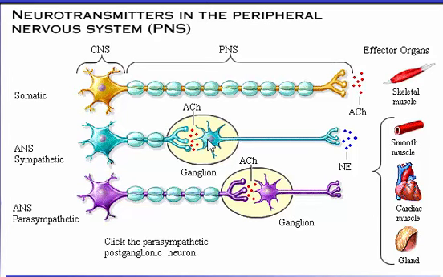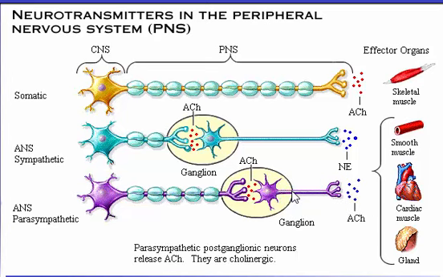Parasympathetic postganglionic neurons release acetylcholine. They are cholinergic. Both acetylcholine and norepinephrine act indirectly on the effector organs of the autonomic nervous system. Their action is slow, sometimes excitatory, sometimes inhibitory, depending on which receptor is found on the effector organ.